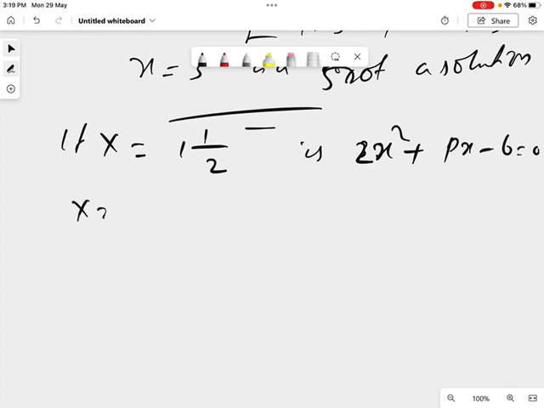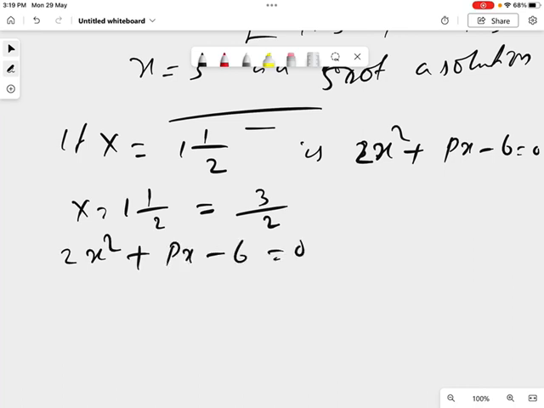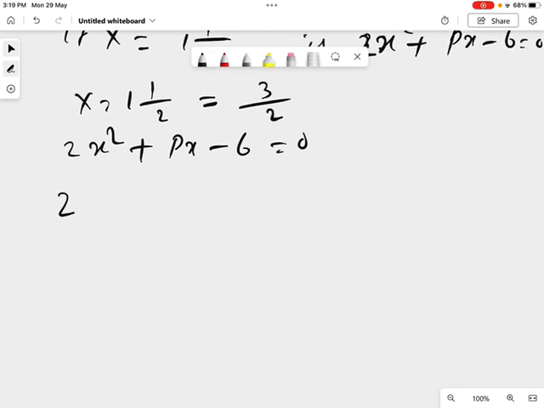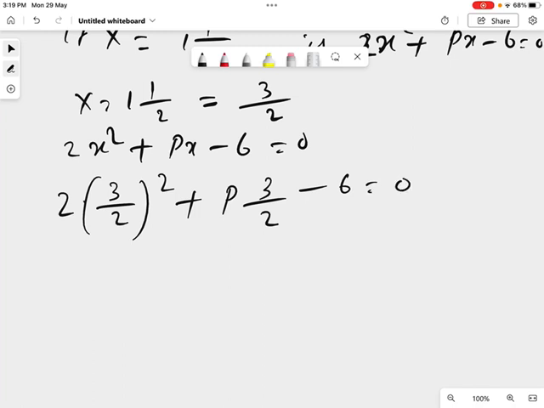Then we get 2 into 3 by 2 whole square plus p into 3 by 2 minus 6 is equal to 0.